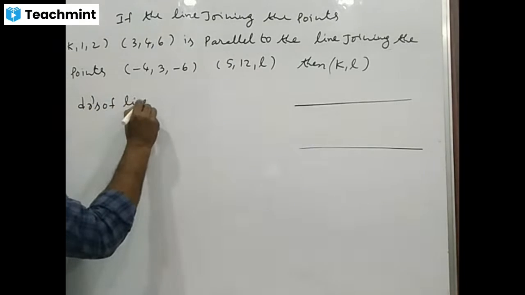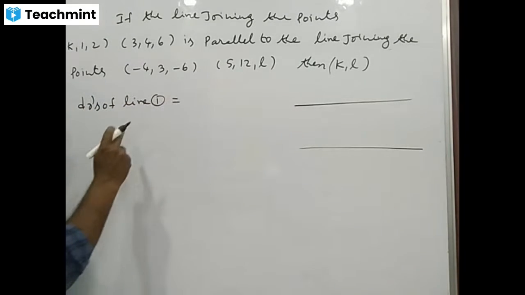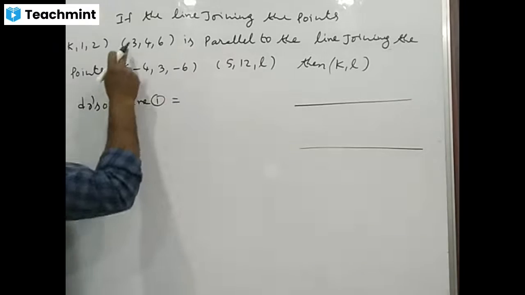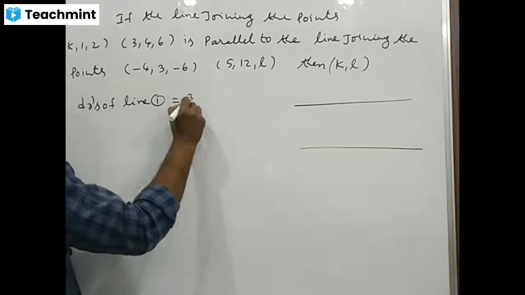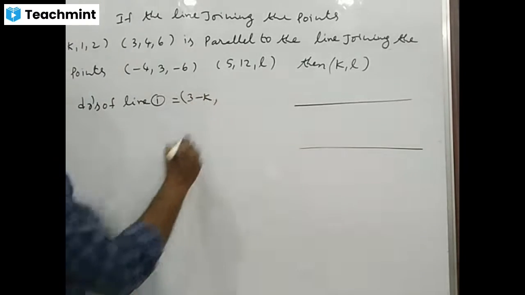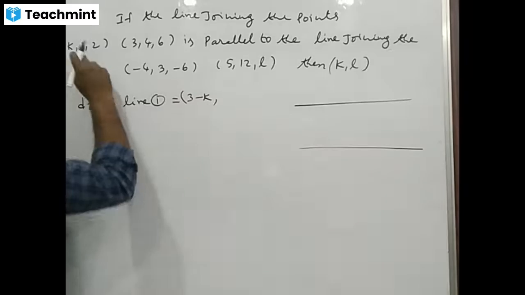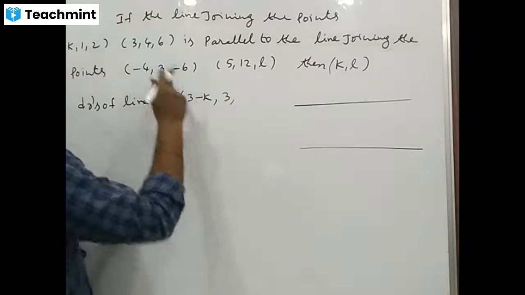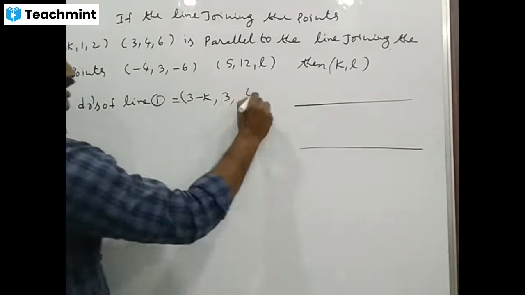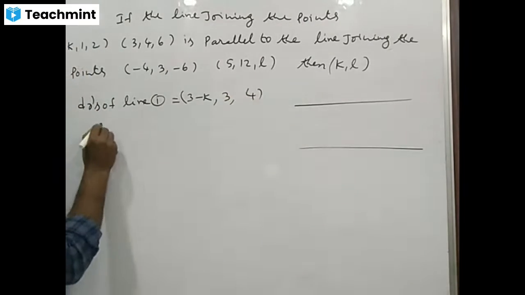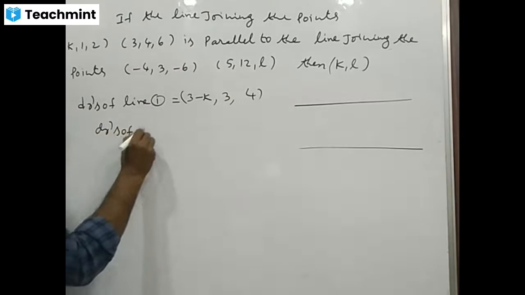Direction ratios formula: x2 minus x1, so 3 minus k, comma, y2 minus y1, 4 minus 1, 3. Next z2 minus z1, 6 minus 2, 4. Next, direction ratios of line 2.